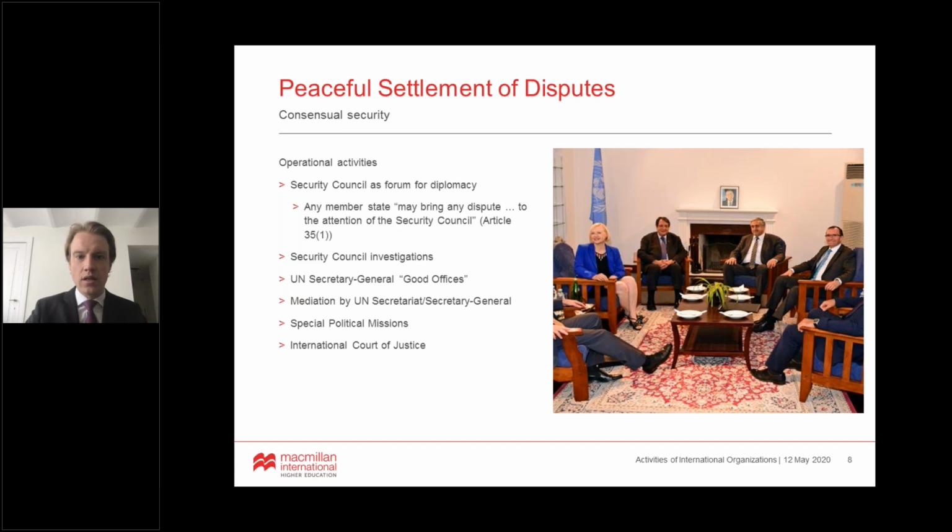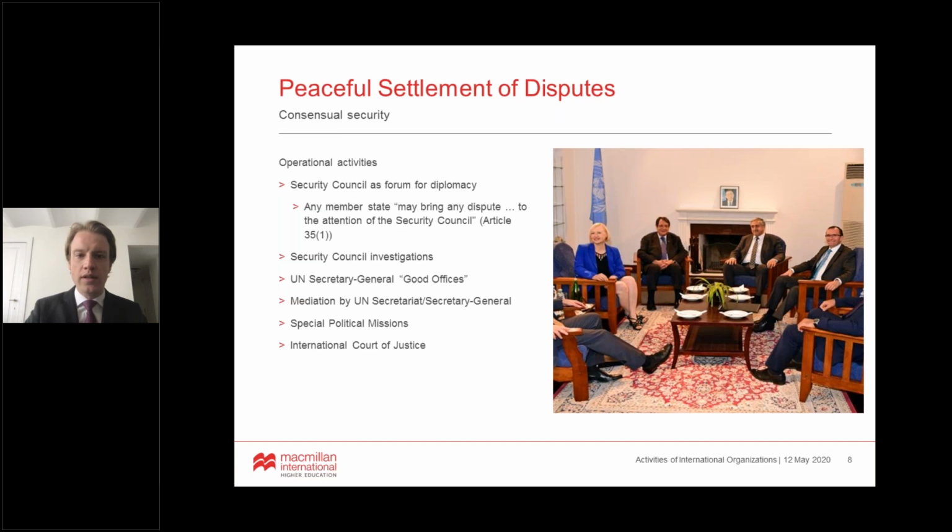And in that sense, what has been really developed is the concept of good offices of the UN Secretary General, where the UN Secretary General, through quiet diplomacy, meets some of the conflicting parties, to see whether he can bring them together, whether there's any way of settling disputes, and that's called good offices, and that takes place really quite hidden out of the view, but on a day-to-day basis.